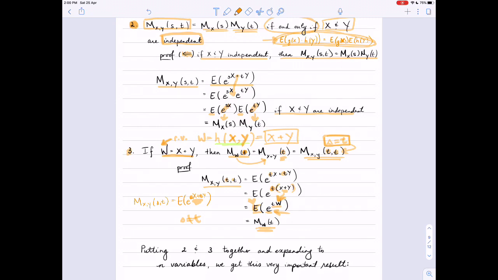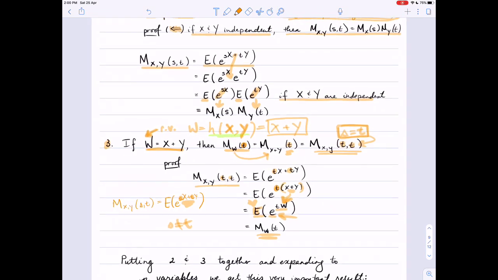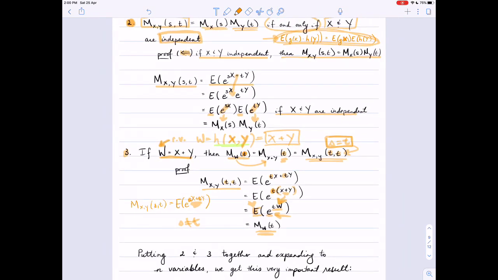And lastly, if you have a new random variable that is a specific function of two others, a sum, then you can get the single variable moment generating function for your new variable w from the joint by plugging in t for both parameters.